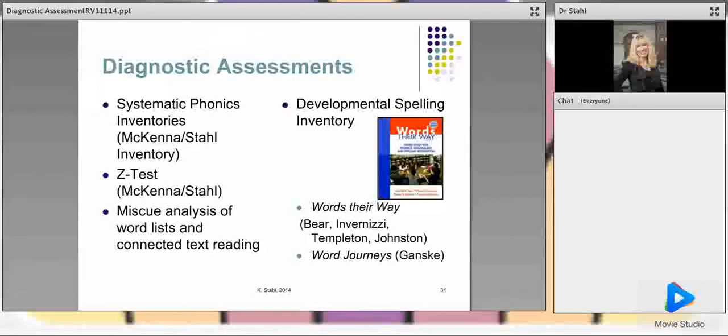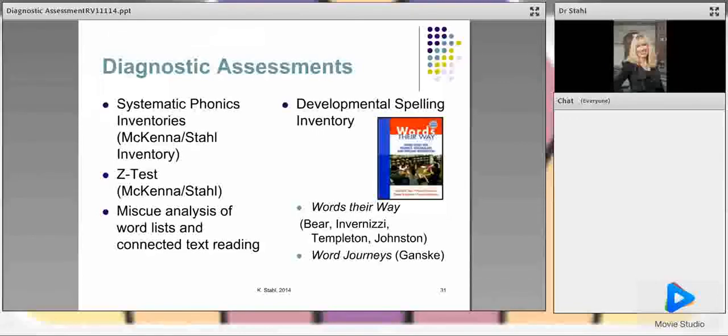And then also you do not want to skip a very close error analysis in grades 1 and 2. When children are making miscues, you want to analyze those errors using that MSV analysis to identify what strategies children use when they come to a word that is unknown.